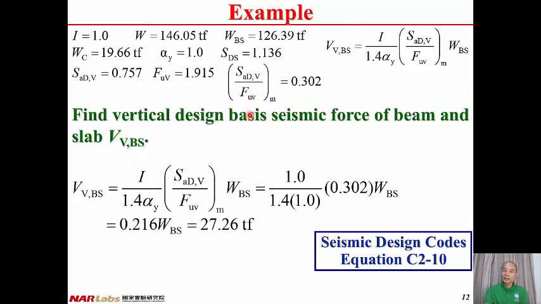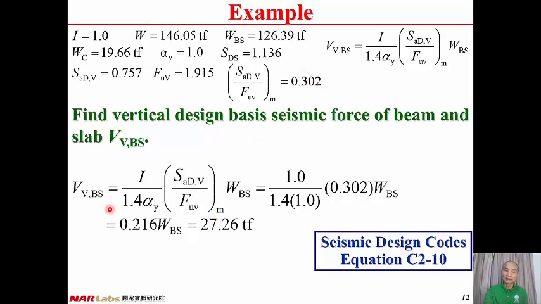So far we have I, the importance factor, equal to 1.0, alpha Y, the first yielding amplification factor, equal to 1.0, WBS, the weight of the beam and slab, equal to 126.39 ton force, and the modified SADV divided by FUV equal to 0.302.